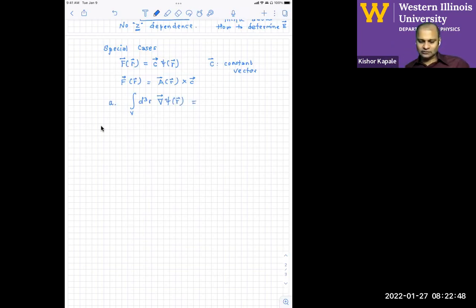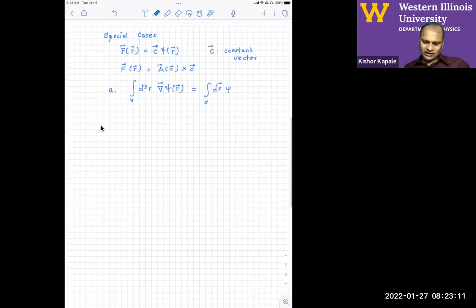You can only apply it to a vector field, and so it gets transformed into a gradient. And then on the other side, you're just going to have basically ds multiplied by psi. C gets canceled from both the sides. You essentially get c dotted with on both the sides, and then you can get rid of it. So that's what happens. It's something you can quickly prove, nothing complicated.